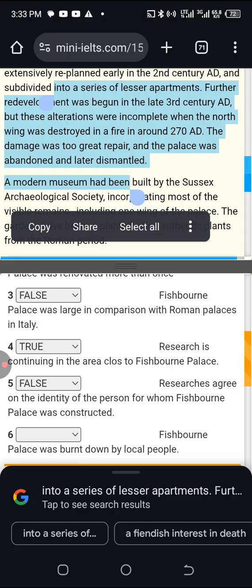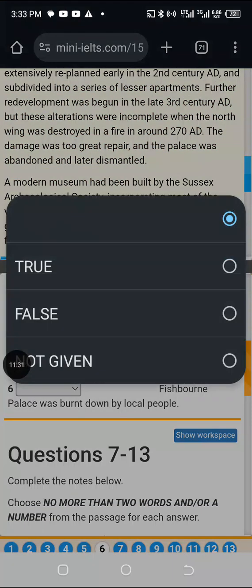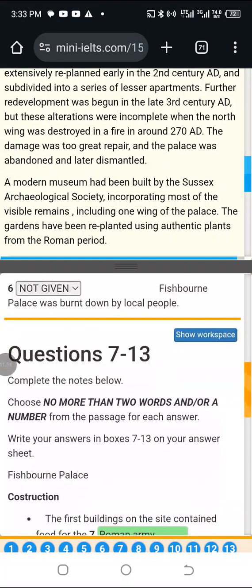The north wing. Notice it did not say the palace. Question number 6 says the palace was burned down. That suggests the entire palace. And then local people. There's nothing like local people. They just said a fire. We don't know who started the fire. So, number 6, I'm going to pick not given.